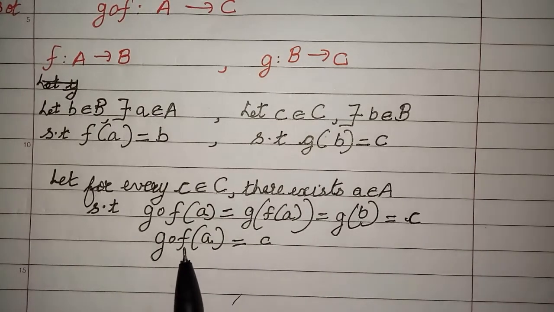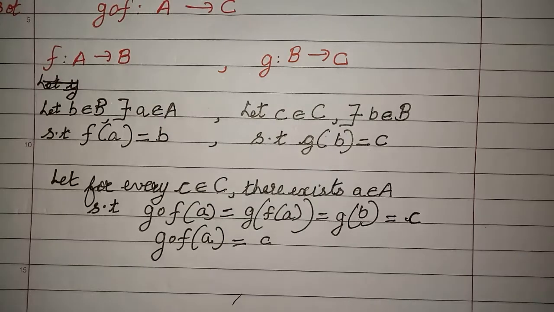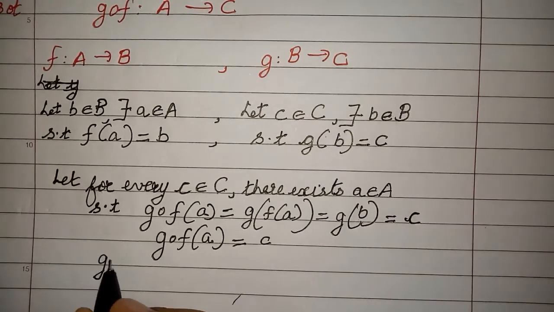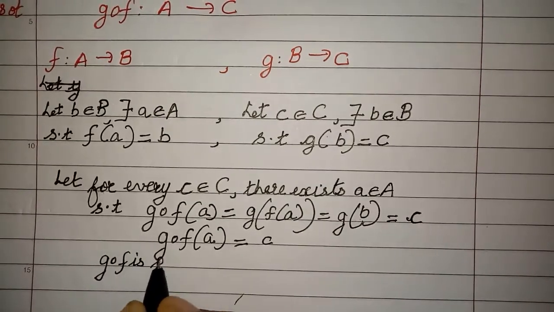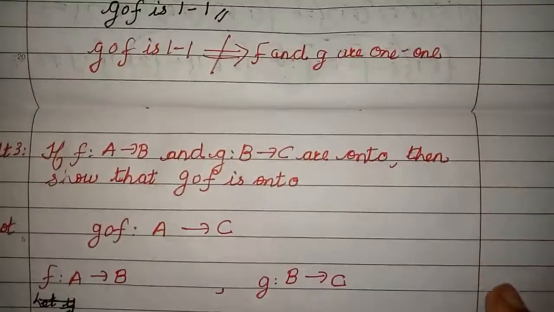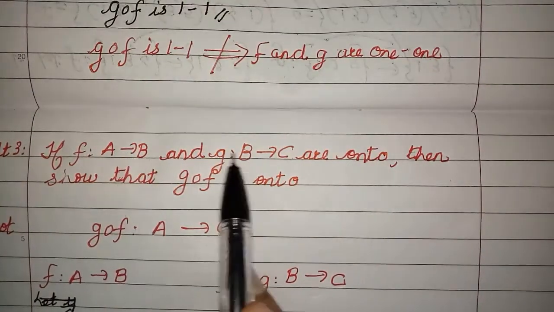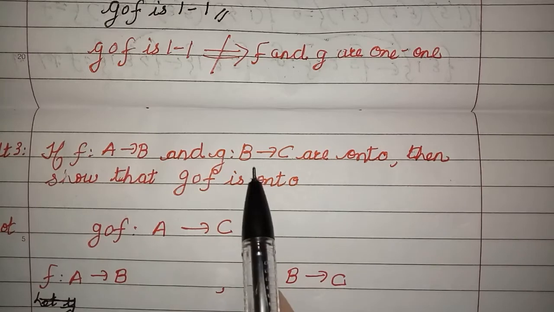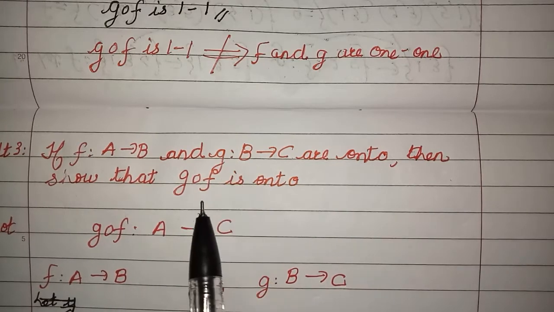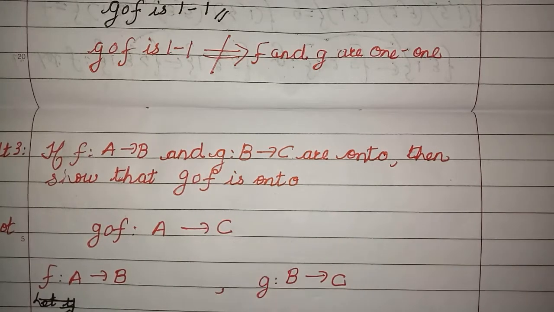So I have the final answer: g composite f of a equals c. So that means my g composite f is onto. That means if f is onto and g is onto, then g composite f is also onto.